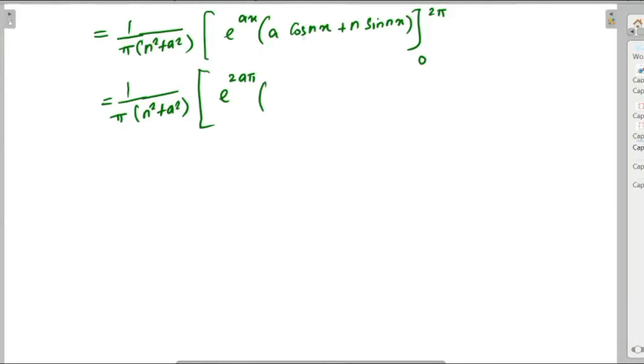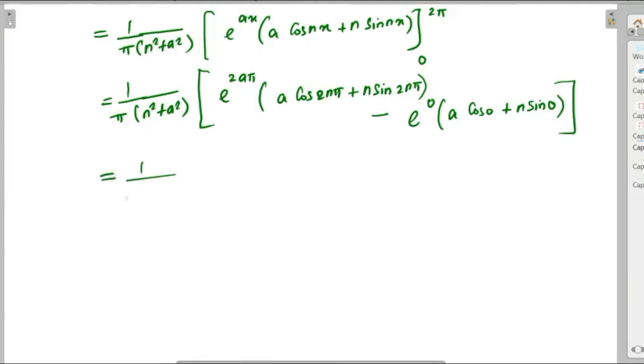We apply inside the closed bracket, you may get a into cos 2n pi plus n into sin 2n pi, minus lower limit e power 0 is 1, a cos 0 plus n sin 0.